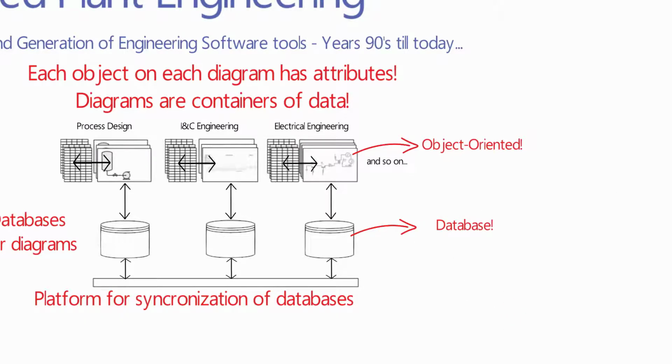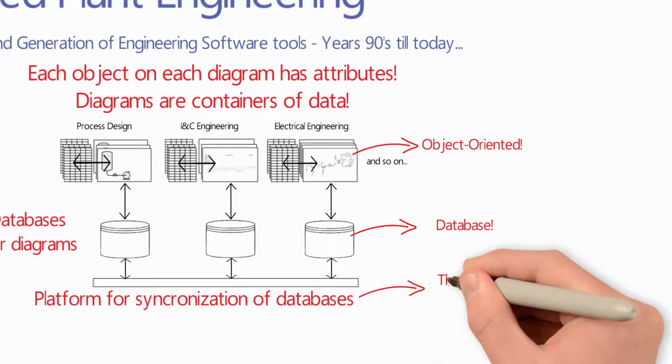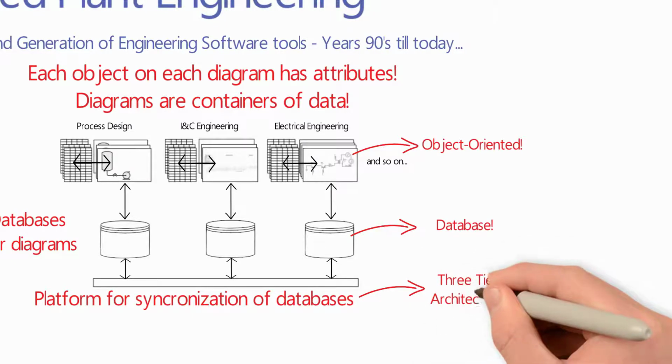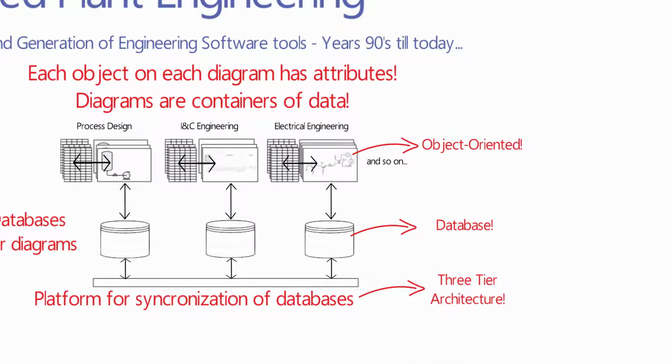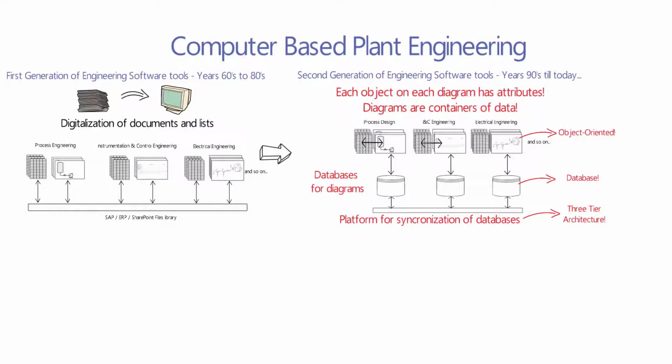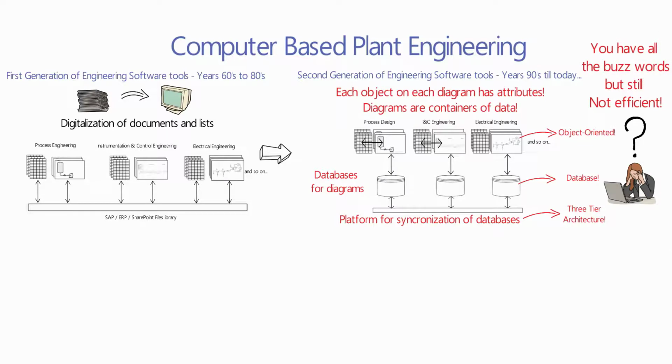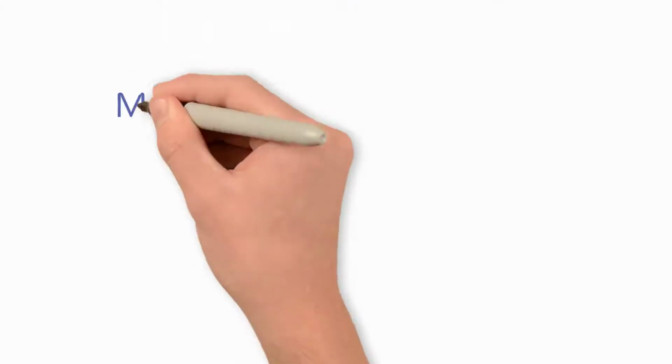Nonetheless, modern and true parallel plant engineering is beyond documents and diagrams. The latest advancements in technologies used in plant engineering are going in the direction of model-driven engineering.